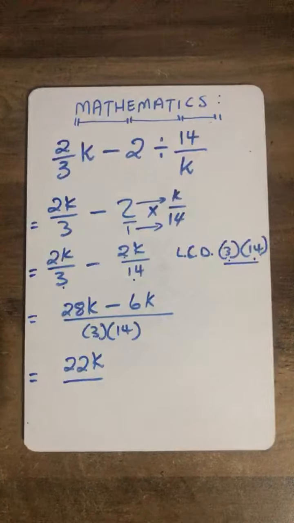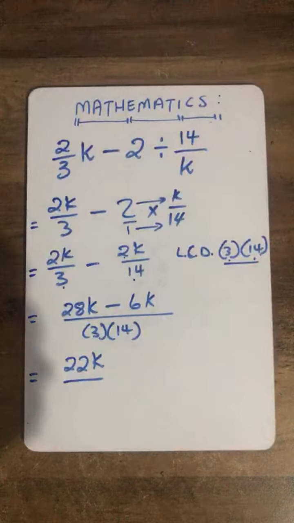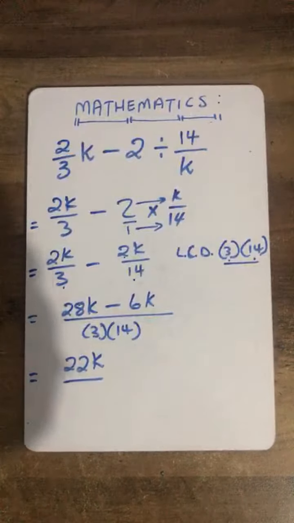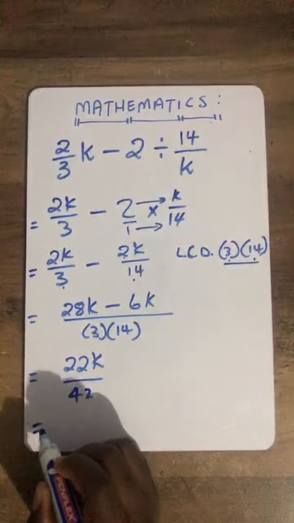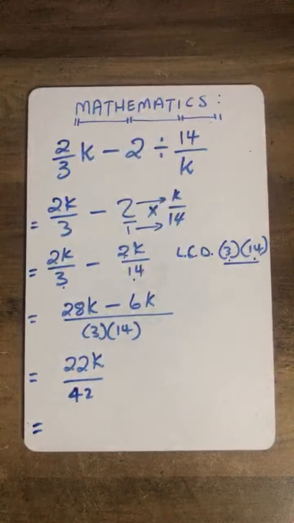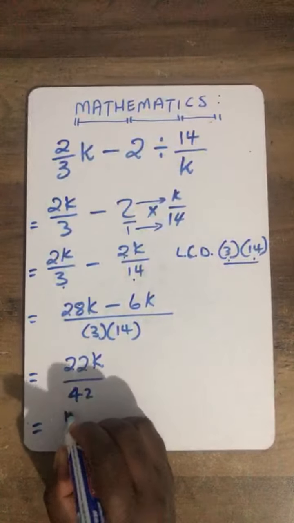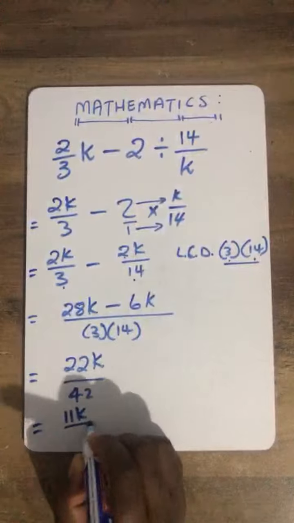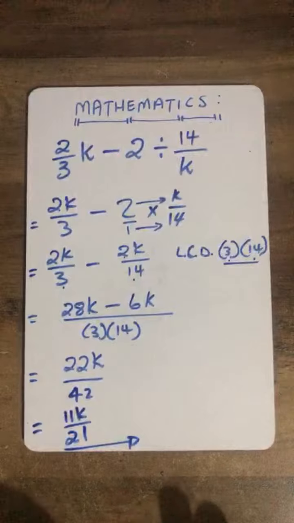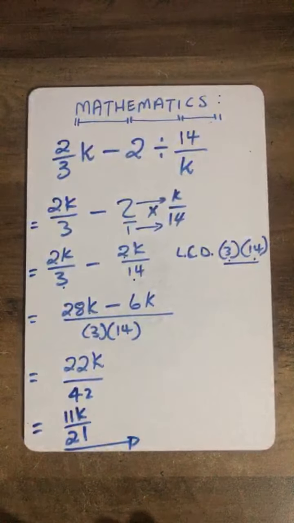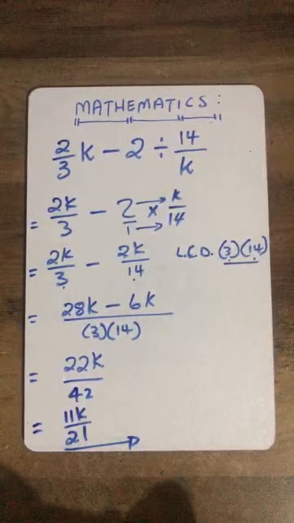I hope I'm doing it correctly. 3 times 14 is 42. 22 divided by 42 is a fraction. It looks like it is 11k over 21. Yes, this is what I'm getting.